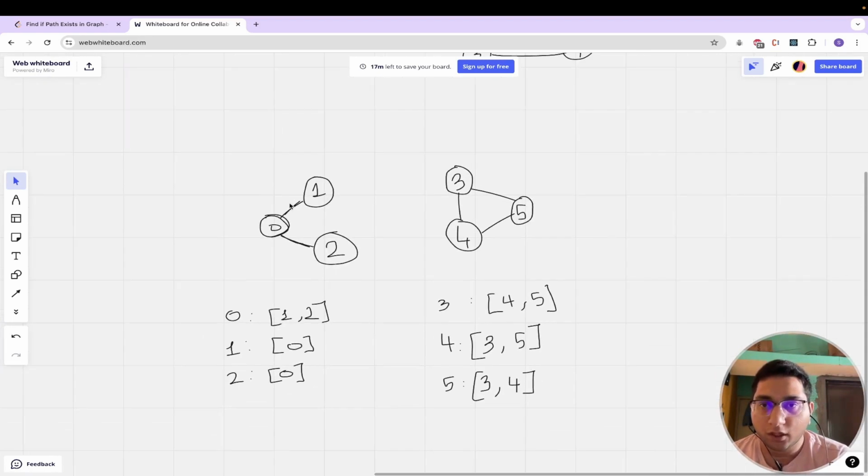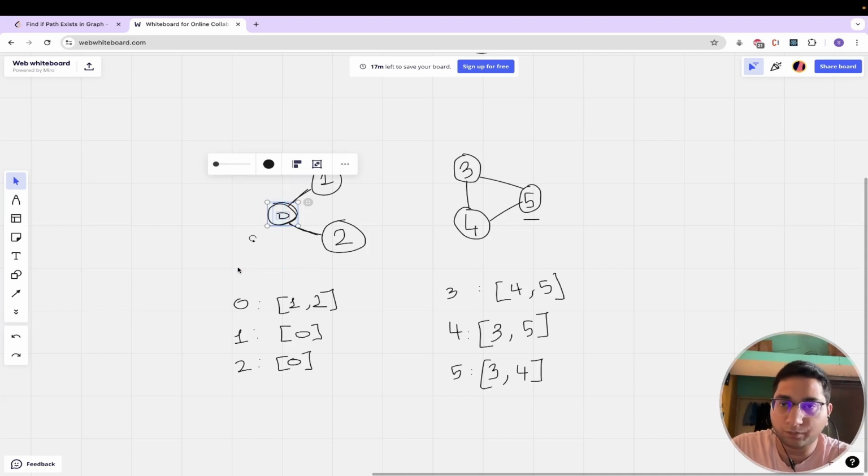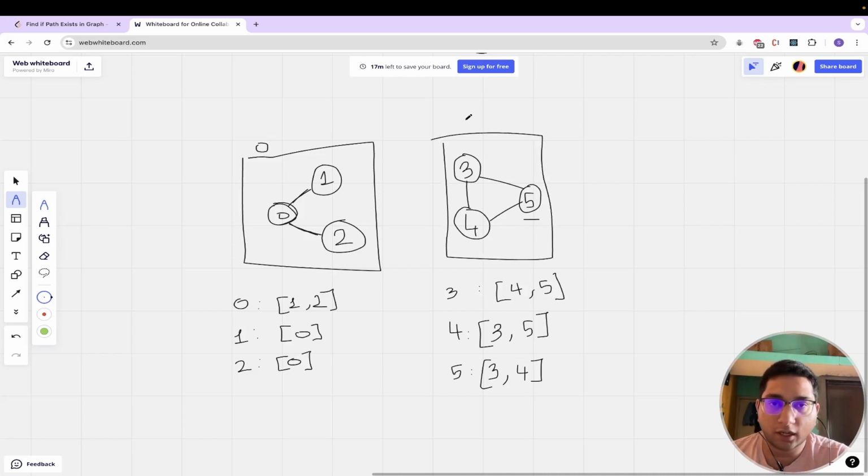So to eliminate that, instead of thinking of it in a traversal way, for each vertex we can find a particular root, and we can indicate that particular set of the graph with that root. What I mean is that for this particular graph we can consider 0 as its root, and for this particular graph we can consider 3 as its root.